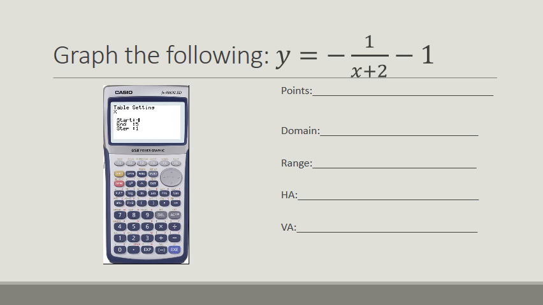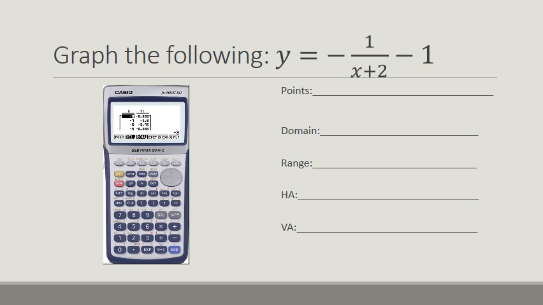I'm going to have it start at -8, and I'm going to have it end at 8. And the step means I'm going to increase by 1. I could put it to 0.5 if I wanted to, but I'm just going to put it at 1. And I'm going to exit, and then I'm going to hit my table, and I got to select it. That condition error just means I got to select it. And so there's my table.